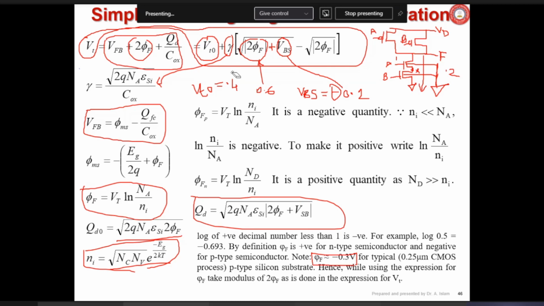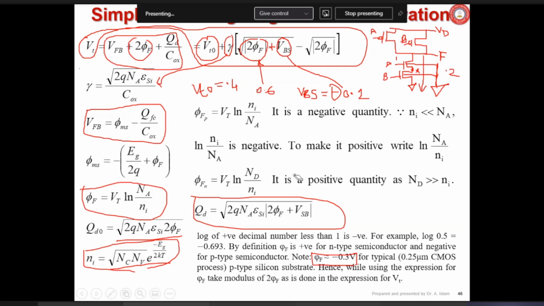This way we have written this equation in the last class. Vt equals Vt0, that right hand portion, and we have also said gamma equals square root of twice q Na epsilon Si by COX. This also we have discussed.